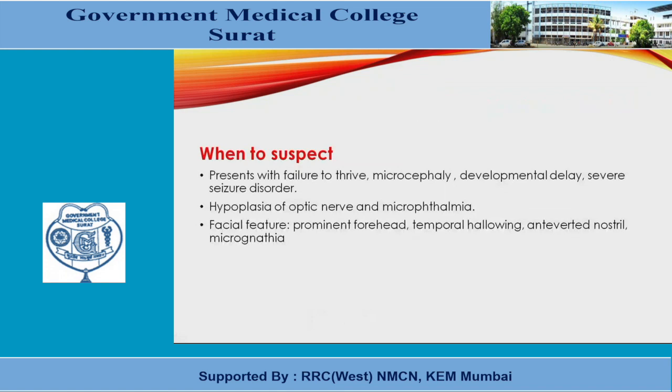They present with severe mental retardation, failure to thrive, microcephaly, developmental delay, and severe seizure disorder. Hypoplasia of the optic nerve and microphthalmia can be present. Facial features include syndromic faces, prominent forehead, temporal hollowing, anteverted nostrils, micrognathia.